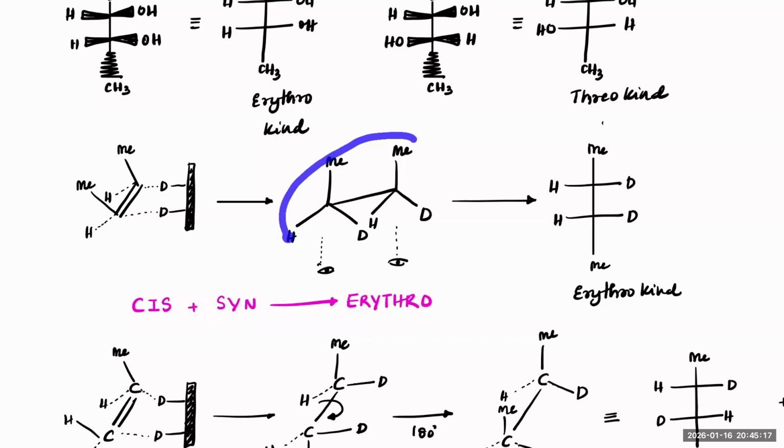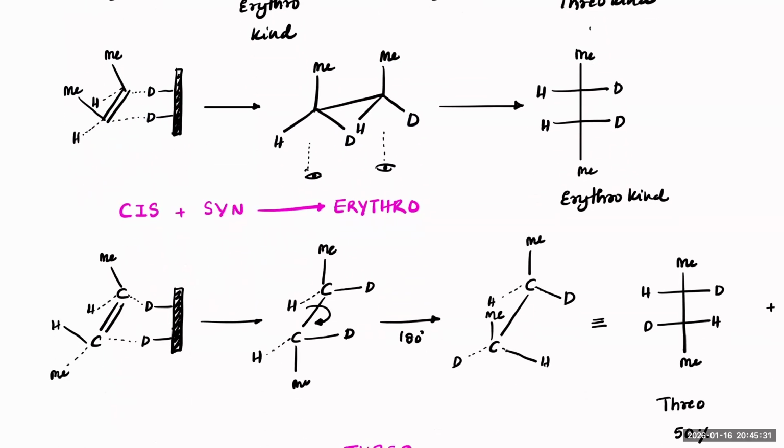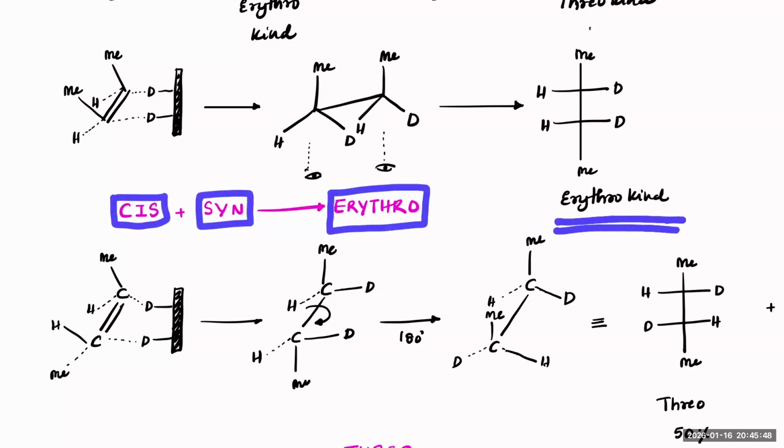You will get an eclipsed form where methyl will be in the similar direction and hydrogen will be in the same direction, and deuteriums are adding from the same direction. Hence, here we will get a code. It's an important formulation that you need to remember directly: when you take a cis molecule and make a syn addition, you will always end up with erythro as the product. So you can see this is the product which we got.